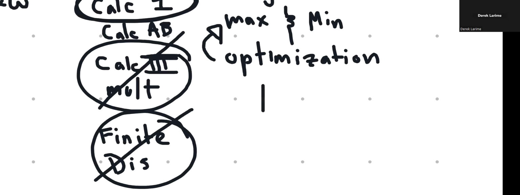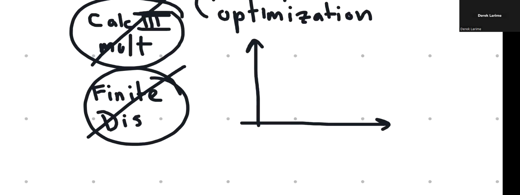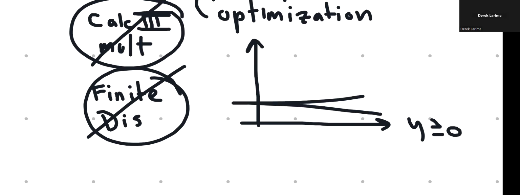Because we have these word problems. We saw them somewhere. It doesn't matter if it was pre-calculus or where, and some people didn't see them. Where, of course, y is greater than or equal to 0 because we're talking about money or time or something where we can't have negative numbers. I know it seems weird putting that over there, but remember, y greater than or equal to 0 is above the x-axis.